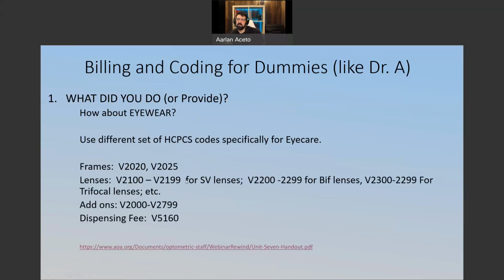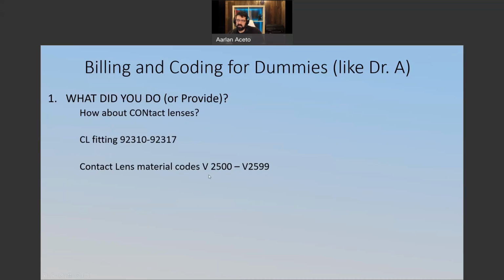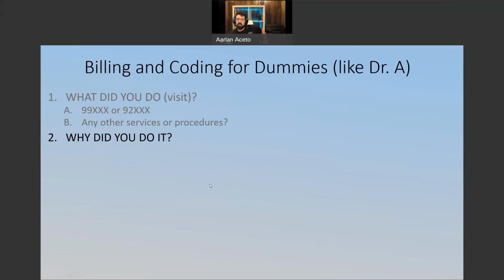So take a look: single vision, V21; bifocals, V22; trifocals, V23; contacts, V25. So you start to see patterns here, and after a while, it all becomes second nature. And again, if you're doing office visits, you do 99 or 92 codes, but we're not going to get into that. The frames, the lenses, the bifocals, the contact lenses, the contact lens fittings, that's what we did.